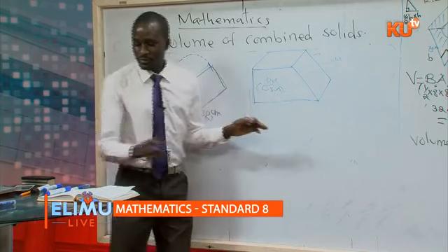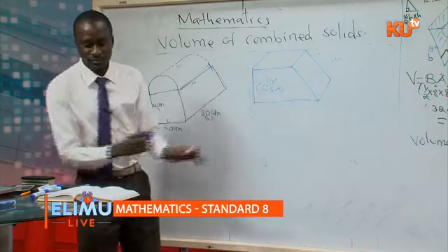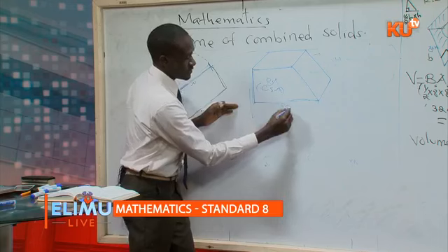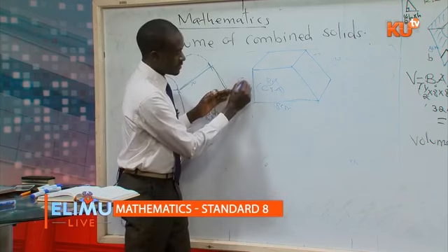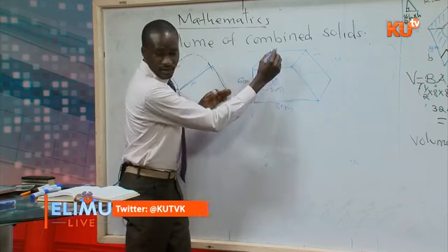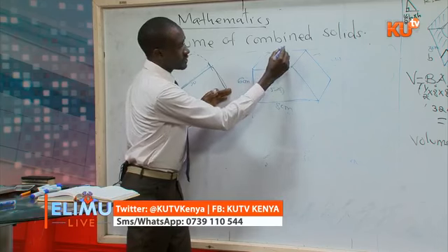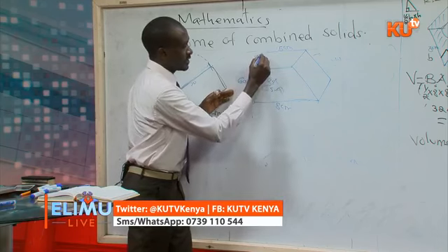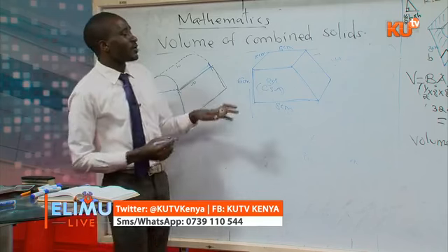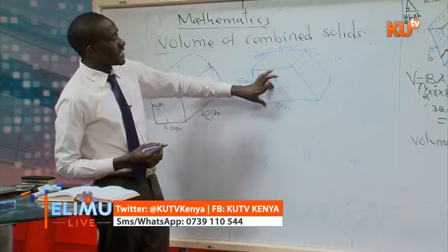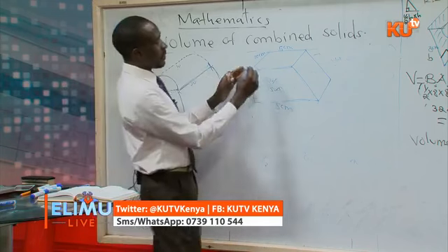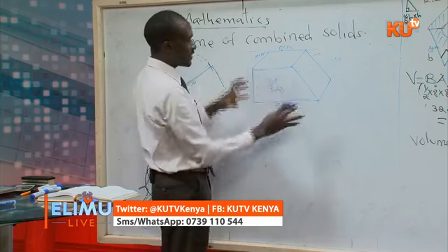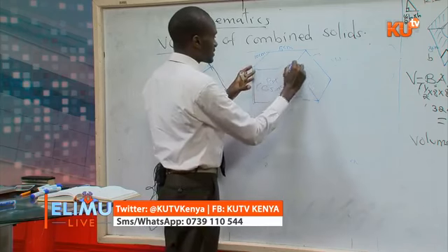Now, we said for the trapezium, here is 8 centimeter, here is 6 centimeter, here is 5 centimeter, and here is 10 centimeter. You deal with base area first. Then where is the height of the figure? We'll take these ones.